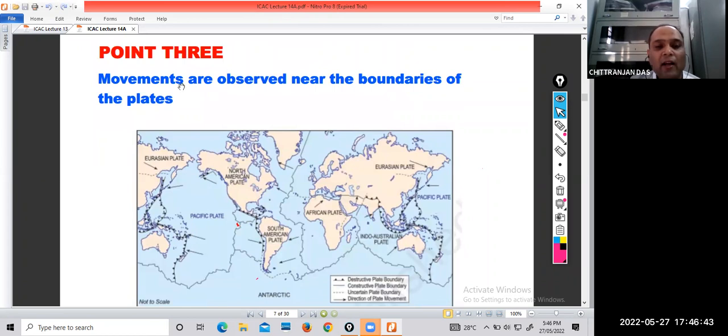Point 3, movements are observed near the boundaries of the plates, which is also called as plate margins. These are what? These are the boundaries. कुछ minor plate के boundaries है, कुछ major plates के boundary है. You can see boundaries, yes or no?